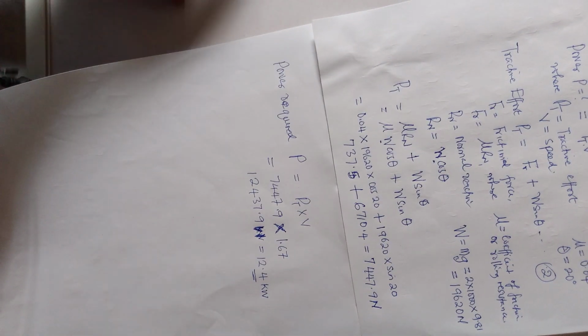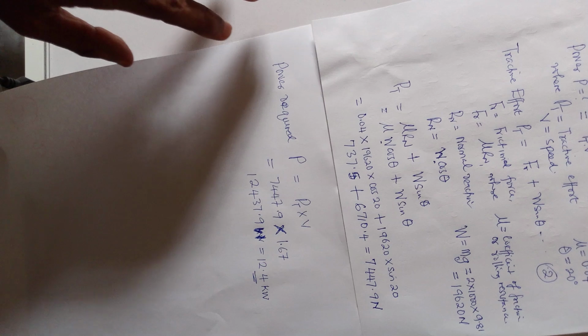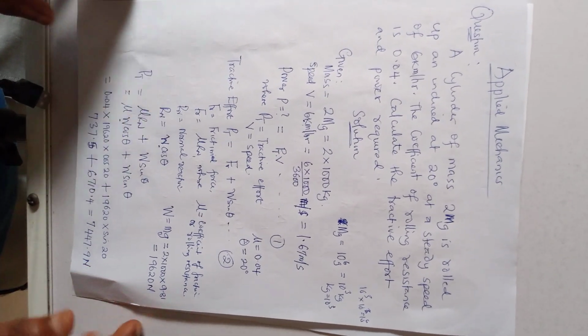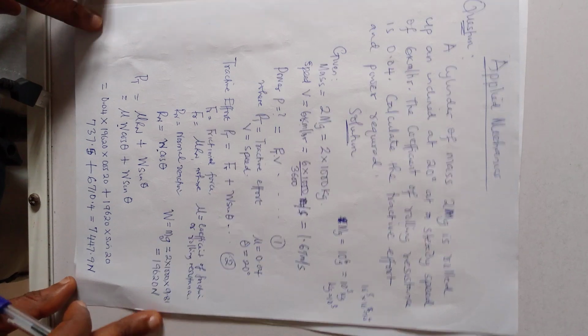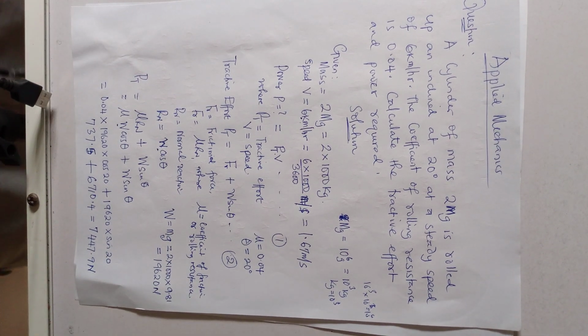So viewers, this is how to go about solving this question. We have a question, and then we're asked to calculate the tractive effort and power required. And so for you to calculate your power required, you have to calculate the tractive effort first.